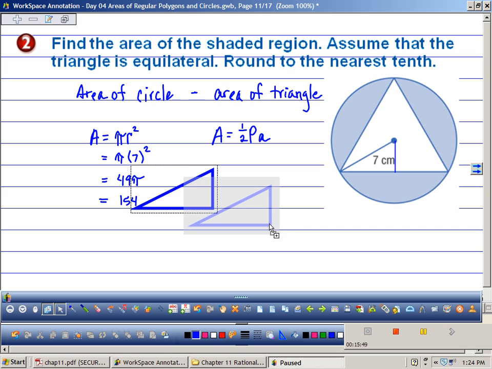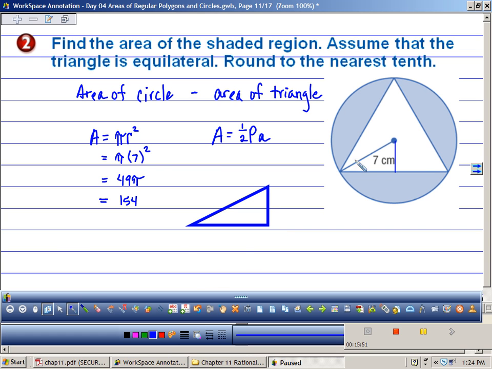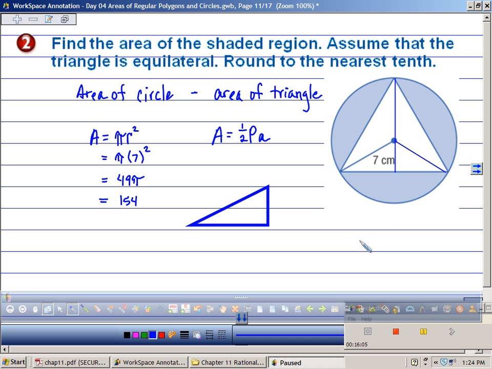So here's my triangle. I may not know the sides, but I do know the central angle. What's each central angle going to be? No, not one. Yes. 180.